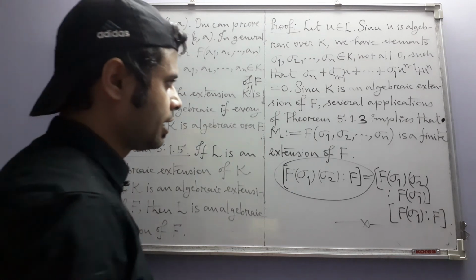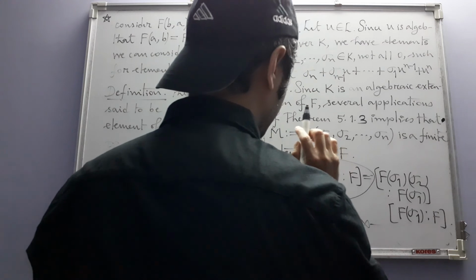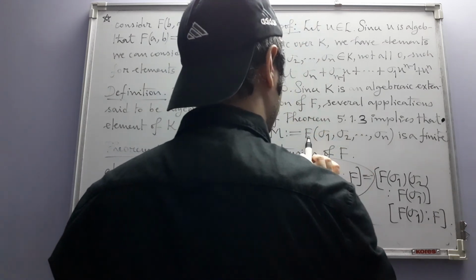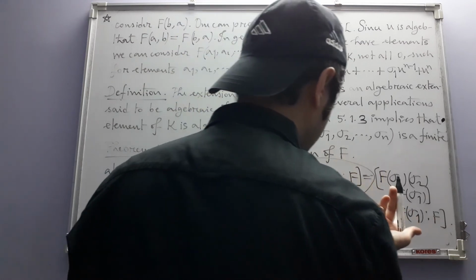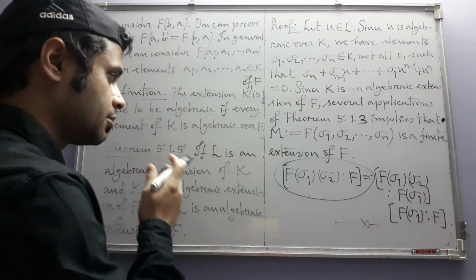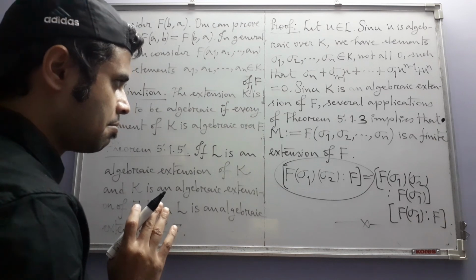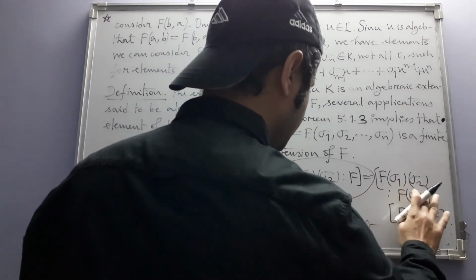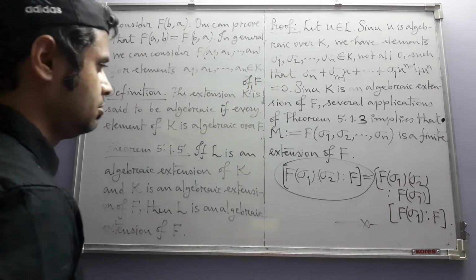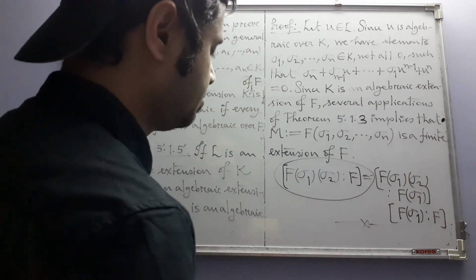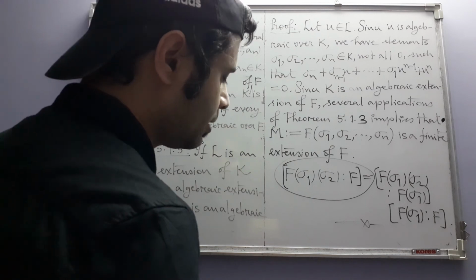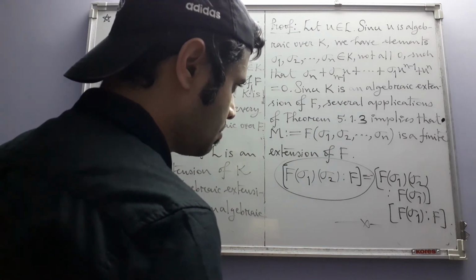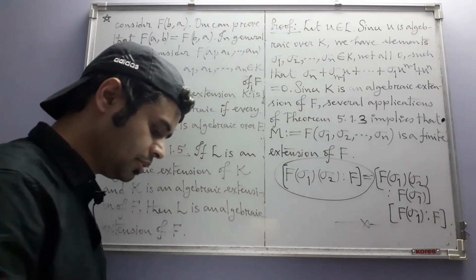Let me give it a last try. Okay, by theorem 5.1.3, F(sigma 1) of course is a finite extension of F. But then if I adjoin sigma 2 to F(sigma 1), I still get a finite extension. No, it's not coming to me.